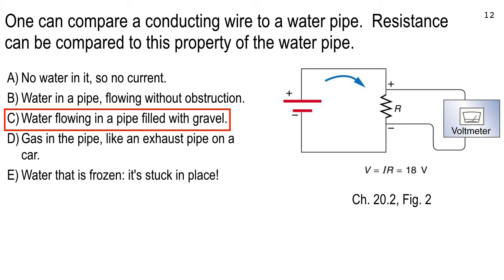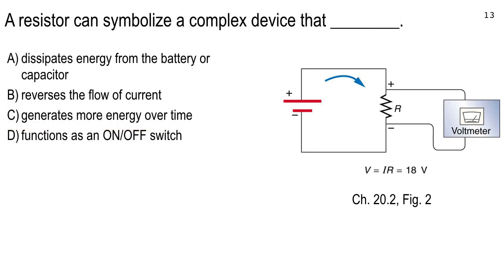All right, now let's do another question. A resistor can symbolize... sometimes we put in that symbol R with a squiggly just to symbolize a complex device. But what is it about the device that leads us to calling it a resistance, kind of a generic, or being able to replace it with a symbol for a generic resistance?